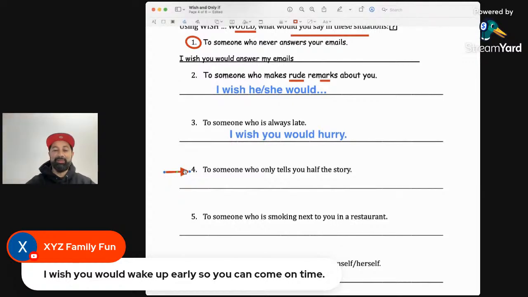What would you say to someone who only tells you half the story? All of the sentences you can just make using "I wish you."